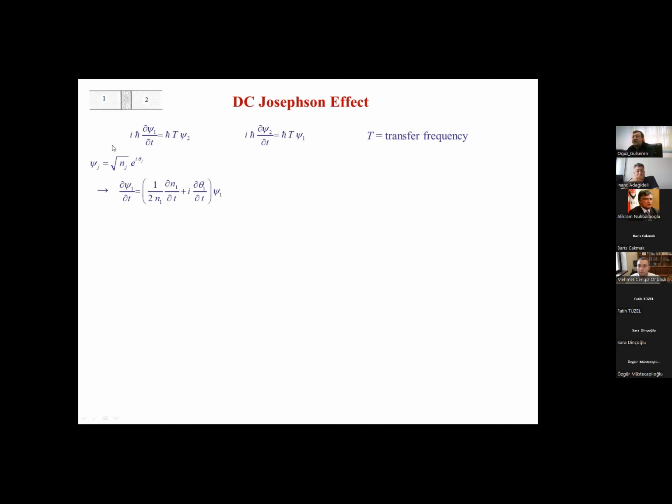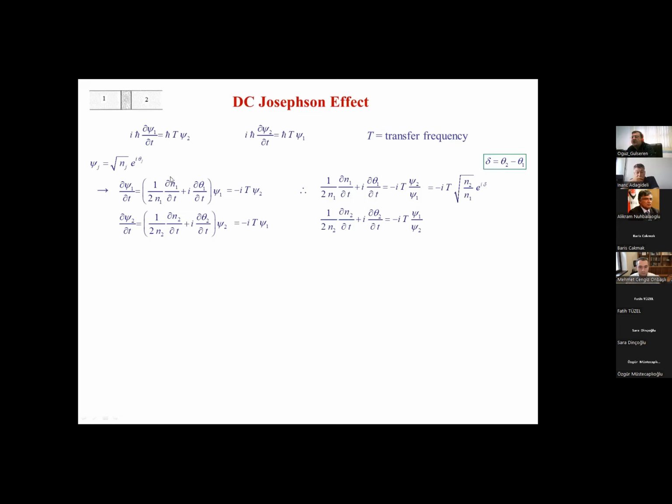So if we use this ansatz and implement this into these equations, very quickly, I'm not trying to go one by one. You can collect the terms, just inserting for both regions. Then on the right-hand side, if you rearrange, you end up with a simple form based on this phase difference.